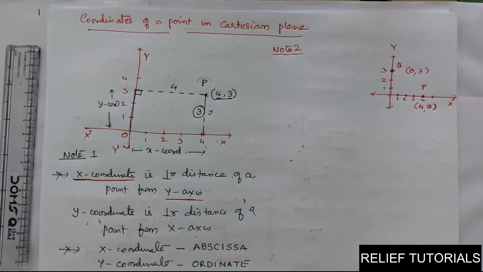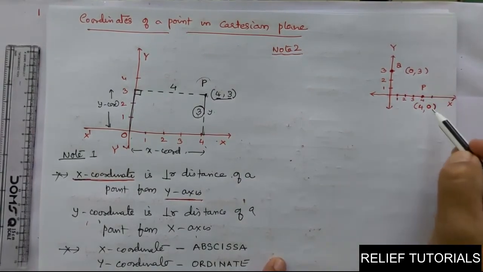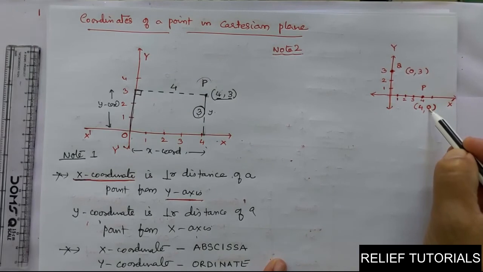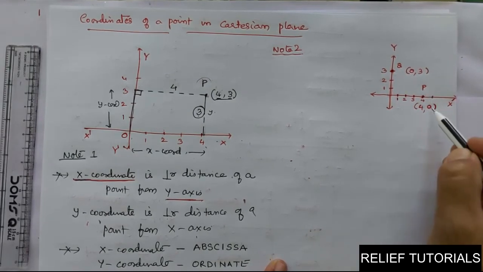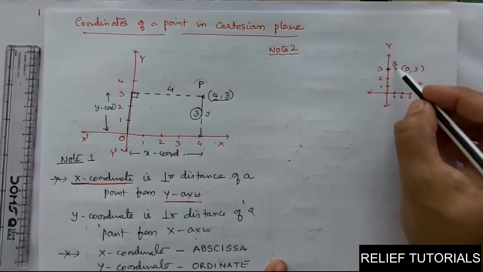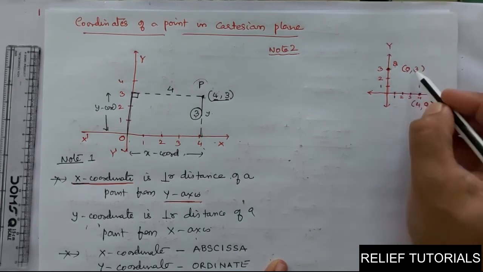Are you understanding, friends? In short, this is a point on the x-axis, so its y coordinate is 0. The y coordinate is the perpendicular distance of point P from the x-axis. It is on the x-axis, so its distance is 0. And this is point Q. The distance of point Q from the y-axis is 0.